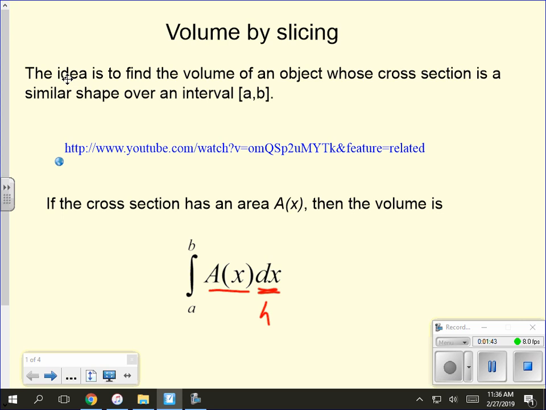So this is really the cross-sectional area times the depth of each slice, but by integrating, we can do a tremendous number of them. Okay, does that make sense? The key to doing it by slicing is that each cross-sectional area has to be the same. If it's not, you can't do the volume.